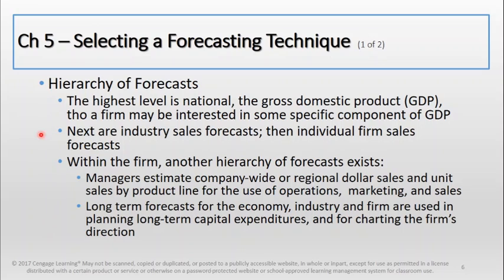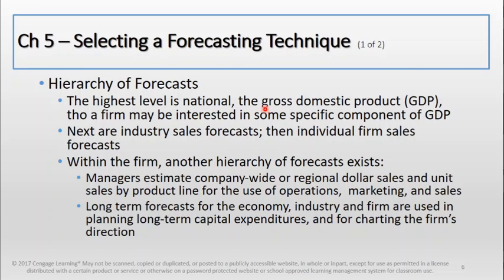So we have here, how do we select a forecasting technique? There is a hierarchy of forecasts. The highest level of economic aggregation that is normally forecasted is that of the national level or national economy. The usual measure of overall economic activity is, of course, the GDP, though a firm may be interested also in some specific components of GDP.